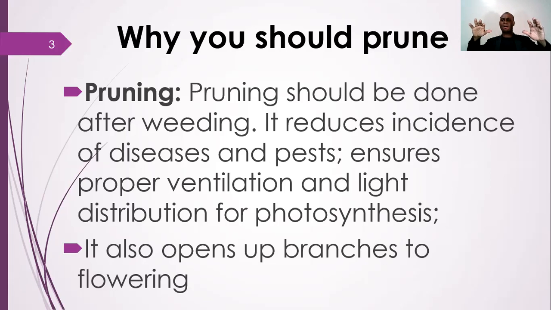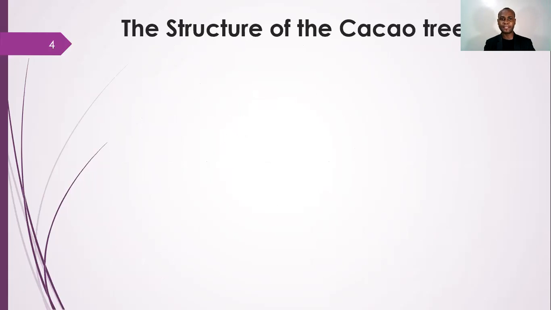Unlike other tree crops, for cacao, the flowers appear on the stems and the branches, not on the tip of the branches. So take note of this, that when pruning is done and ventilation is good on the farm, there is a trigger of flower formation, and that is why pruning is very important.